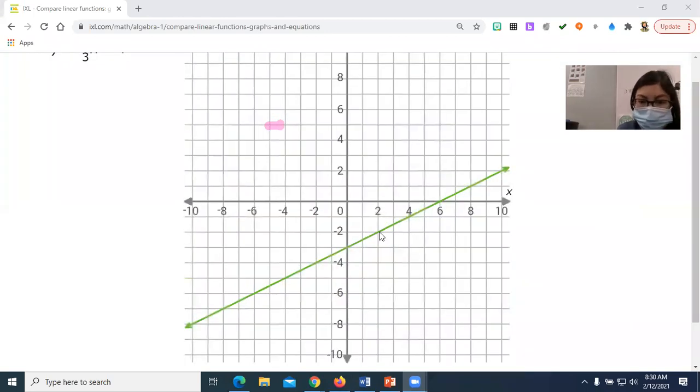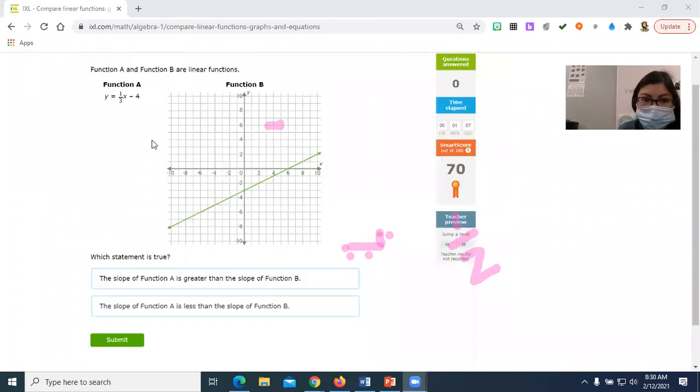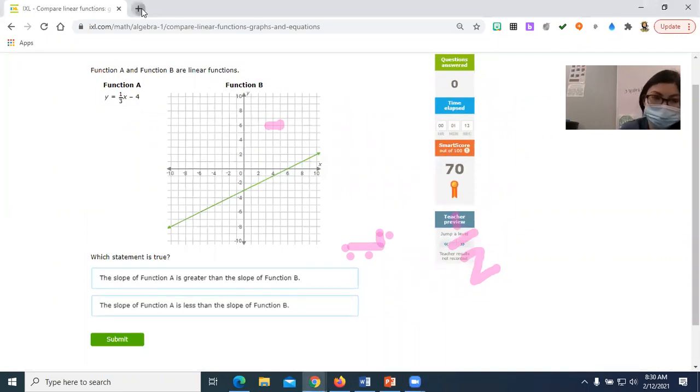Here's a point. Here's another point. How many does it rise? It rises 1 over the run 2. So if you're not the best at knowing which one is more, because this one was 1/3 and this one's 1/2, and if you're not sure, you would just put that into decimals.